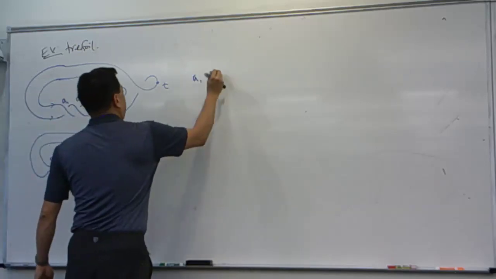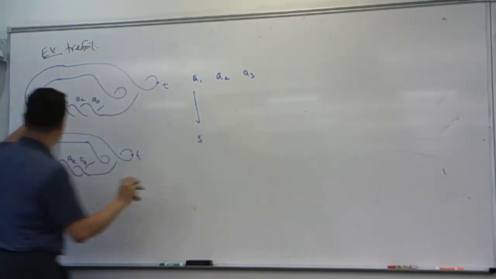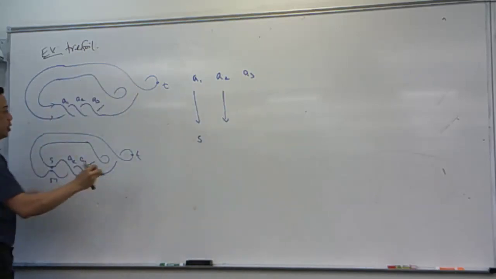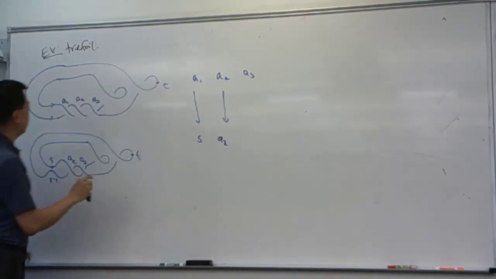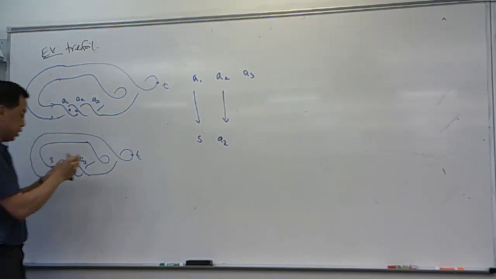A1, A2, A3. So A1 gets sent to S, since we're destroying A1. A2 gets sent to A2 plus something, and the something counts disks with two positive corners, and here you can actually see one. There's a disk right here with two positive corners.